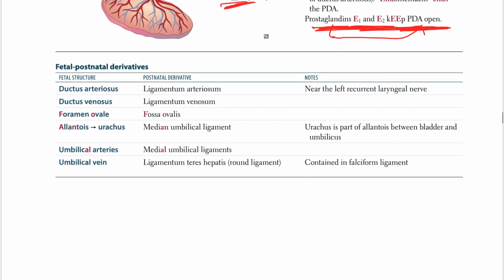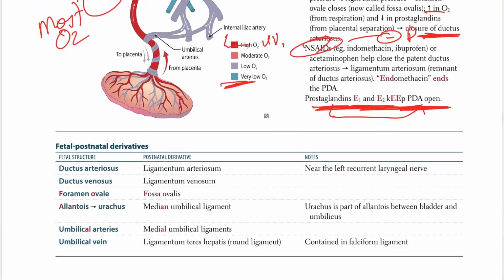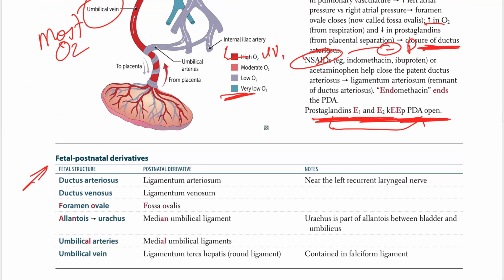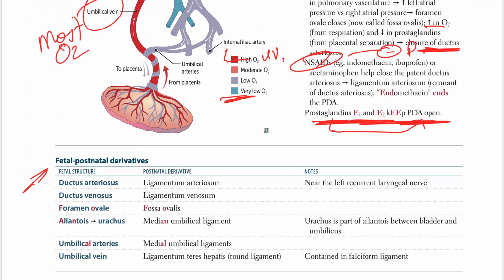Moving on with this one, and this is going to be the last one before we hit anatomy. So what are the fetal postnatal derivatives? The ductus arteriosus. How about this: just think about arteriosus, arteriosum, venosus, venosum, right?